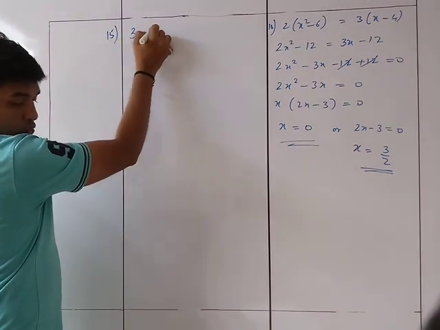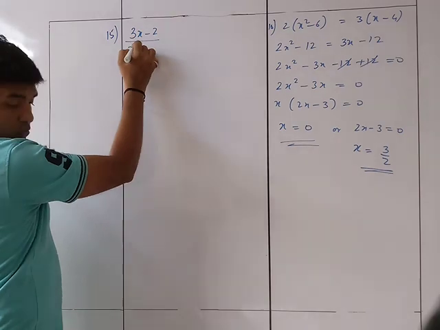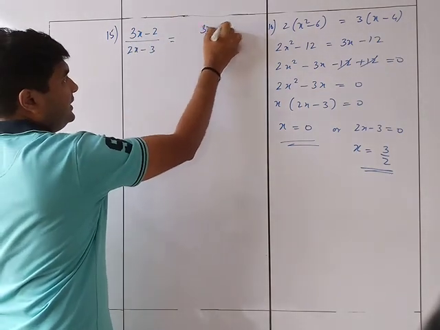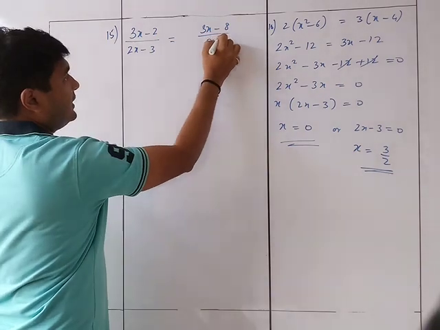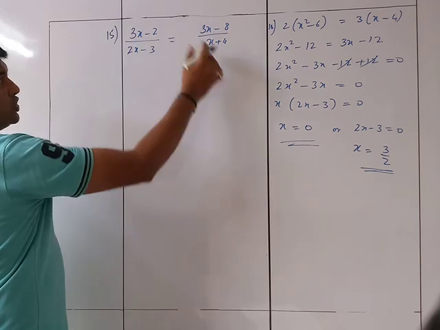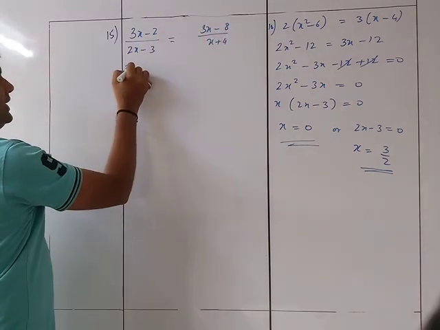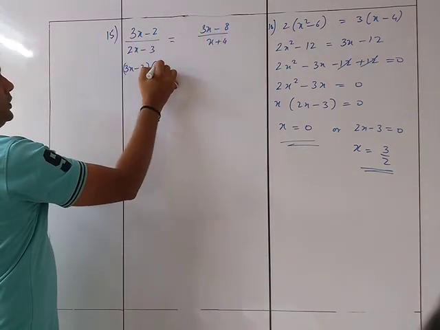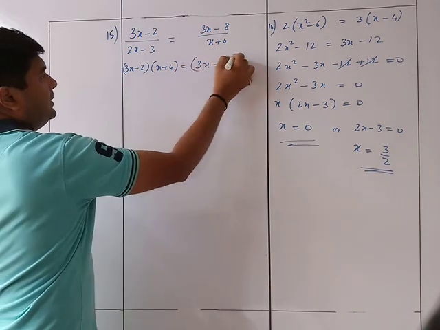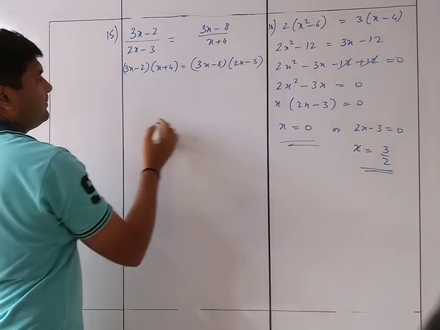3x minus 2 upon x plus 4 is equals to 3x minus 8 upon 2x minus 3. So we see over here, again just cross multiply. So it will be 3x minus 2 into x plus 4 is equals to 3x minus 8 into 2x minus 3.